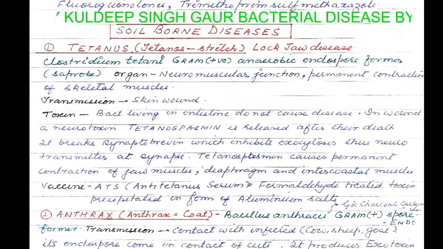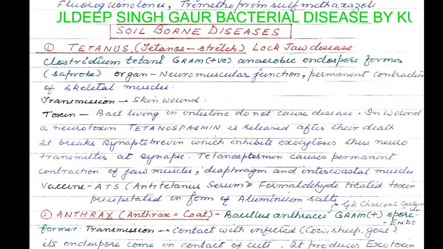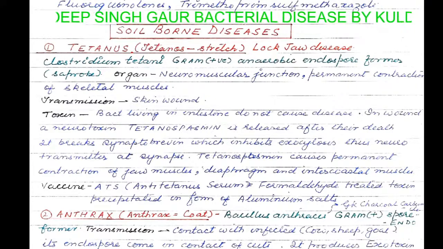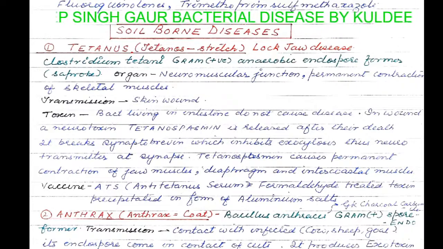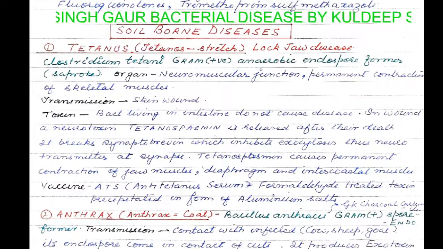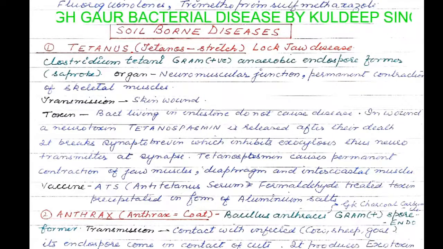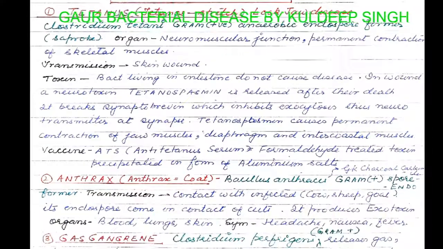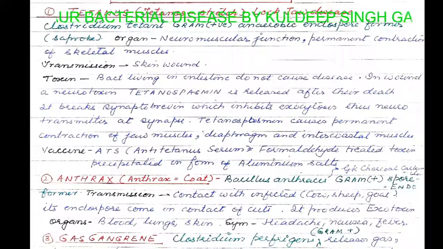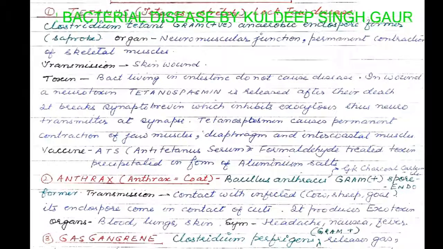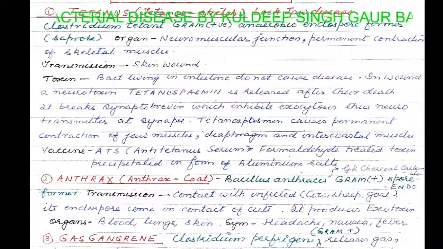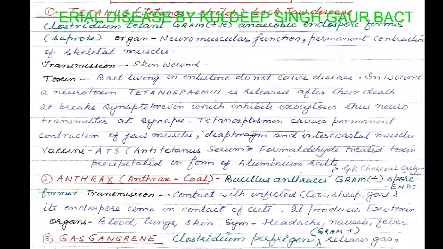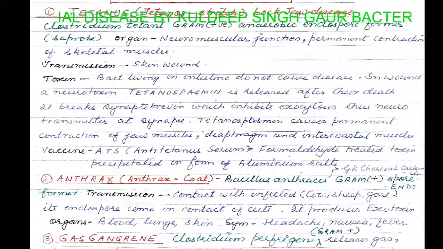Thus, neurotransmitter at the synapse is not able to get out, and the muscle remains permanently in a state of contraction. Tetanospasmin causes permanent contraction of jaw muscles, diaphragm and intercostal muscles, therefore causes death.